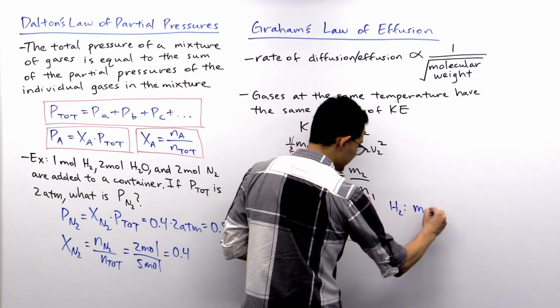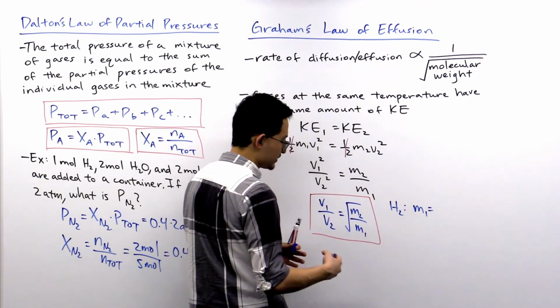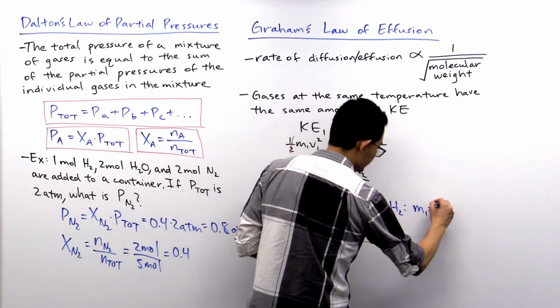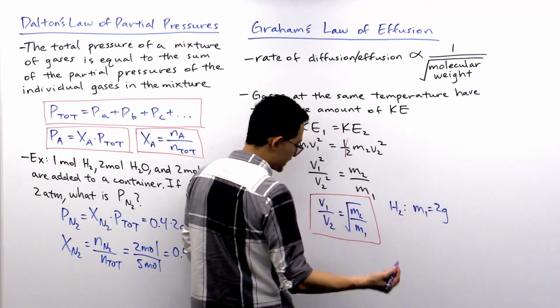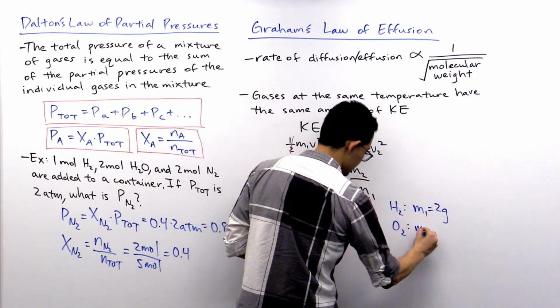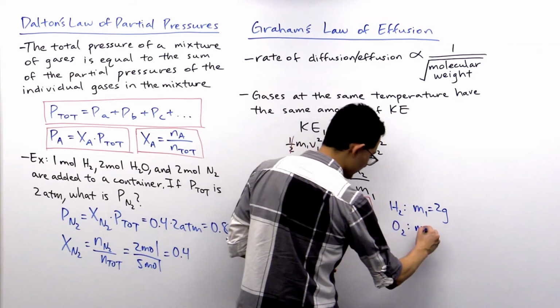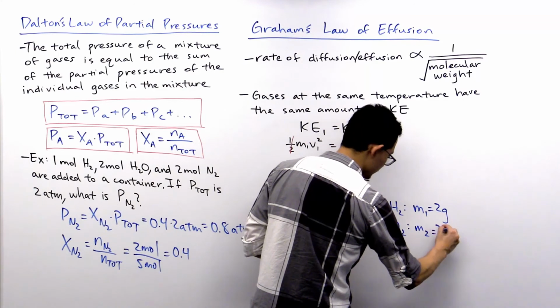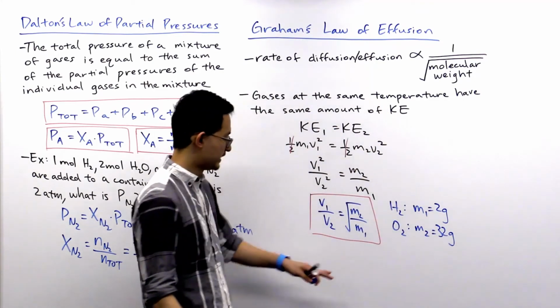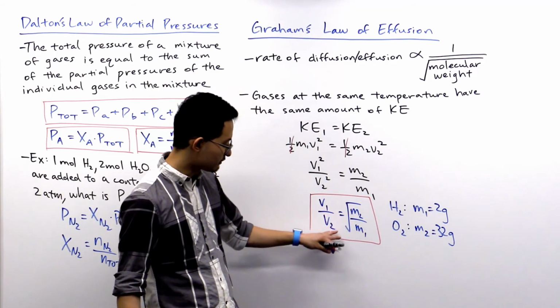So mass 1 is equal to its molecular weight, which is 2 grams per mole. Our other gas we can consider is oxygen gas, O2. So oxygen has an atomic weight of 16, so you multiply that by 2, that's going to give us 32 grams.